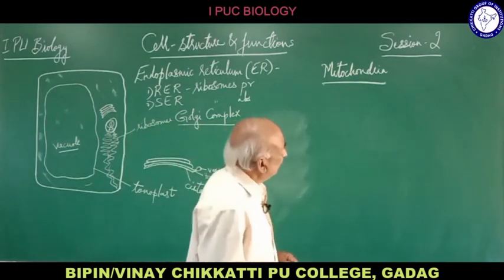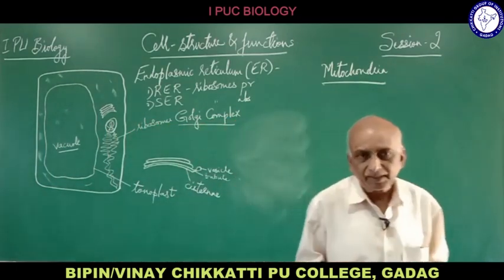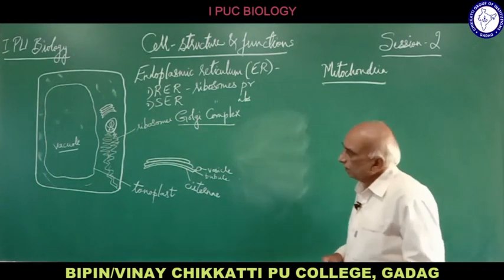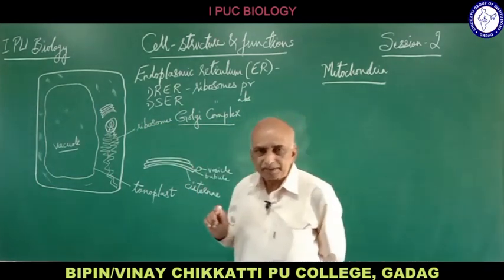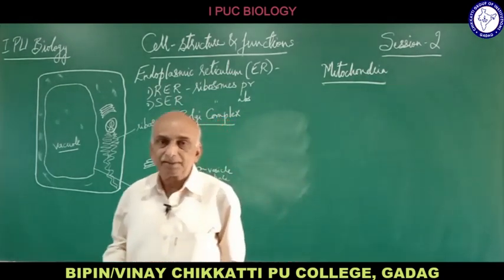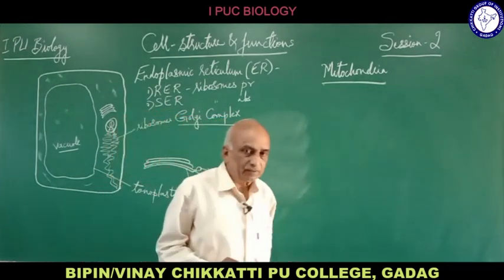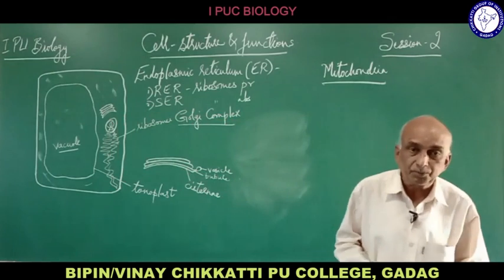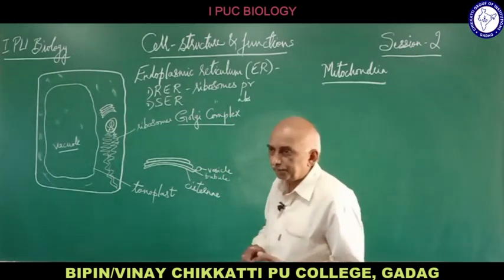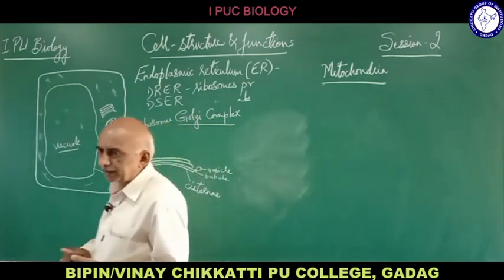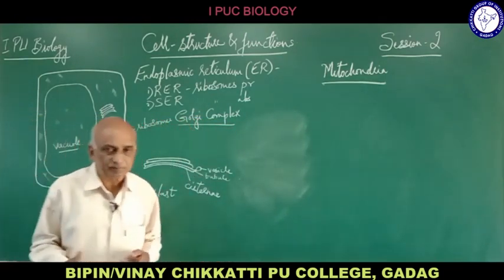Now mitochondria are freely present in the cytoplasm. These mitochondria are present in all living cells, eukaryotes, but not in prokaryotes. Already when we mentioned the prokaryotes, we said that in prokaryotes the mitochondria, Golgi complex, and endoplasmic reticulum are absent.